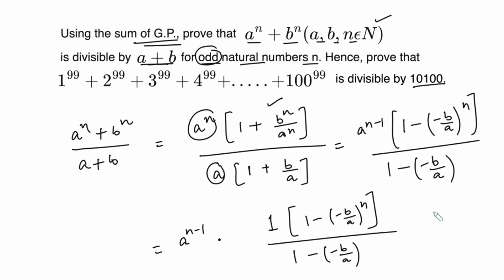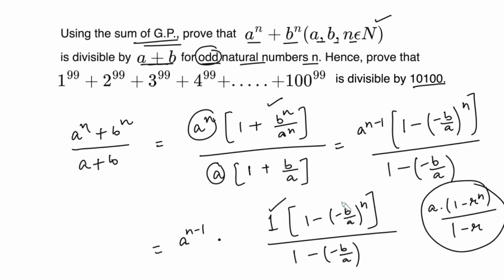Now this is in the form of a times 1 minus r raised to the power n over 1 minus r, correct? Here a is 1 and r is equal to negative b over a, correct? And now you get the reason why we wrote negative b over a, because we wanted to use the formula for sum of GP.